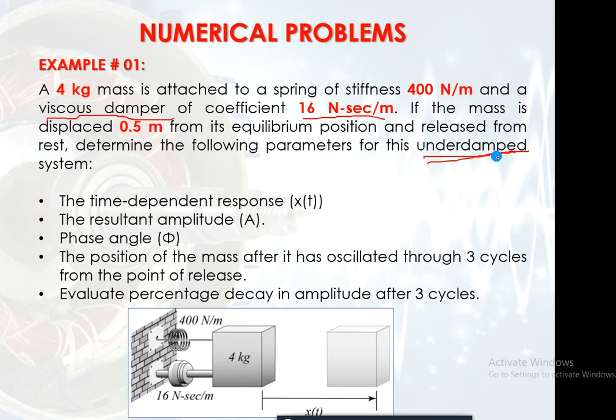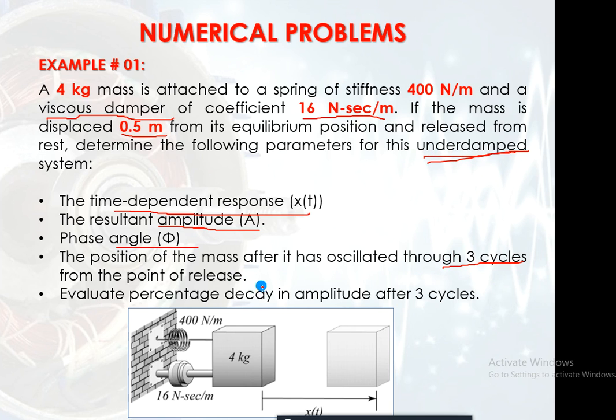So with the provided information we need to find the time dependent response x of t. We need to find the response function x of t, resultant amplitude A, phase angle phi, and the position of the mass after it has oscillated through 3 cycles. Initial displacement was 0.5 meter, and we are asked for the displacement at the third cycle for the above underdamped case.